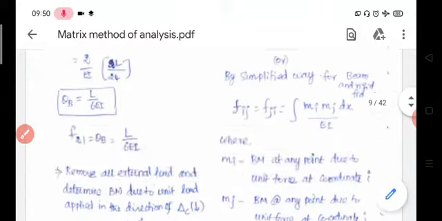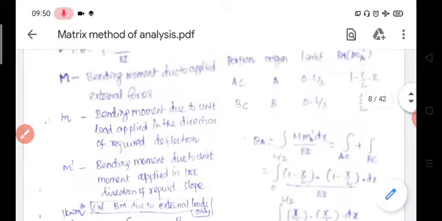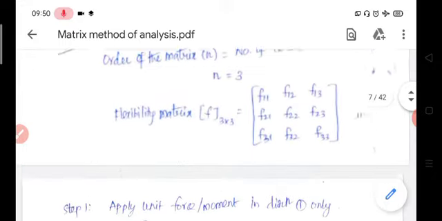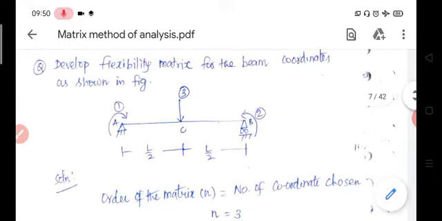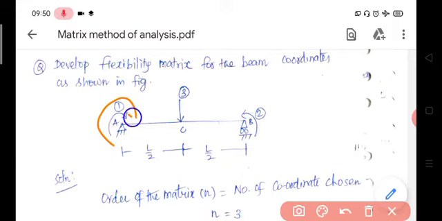So in the given example, this is coordinate 1.